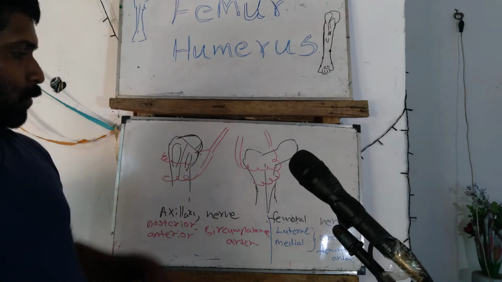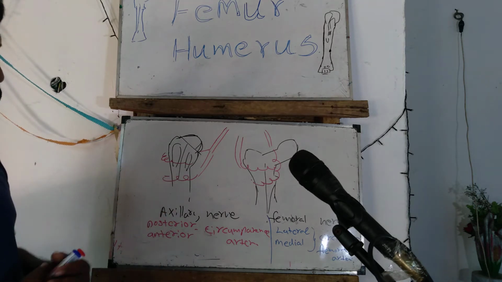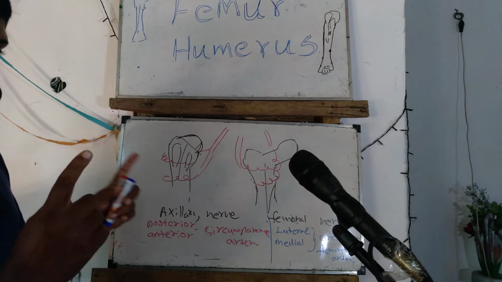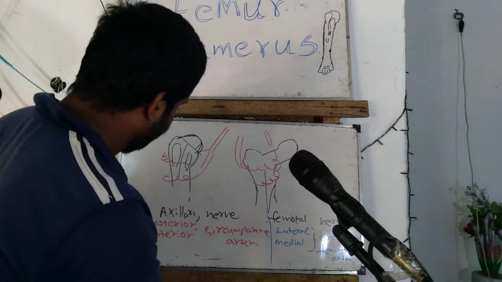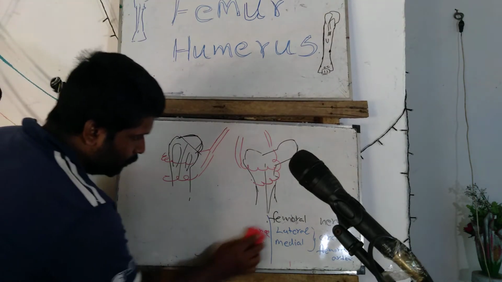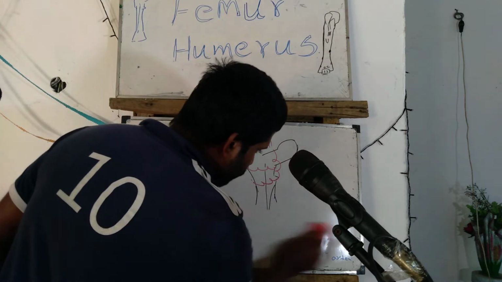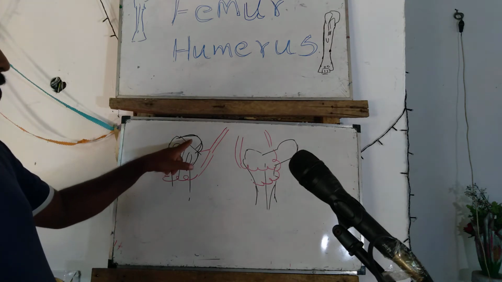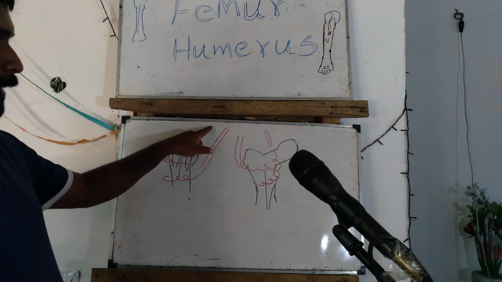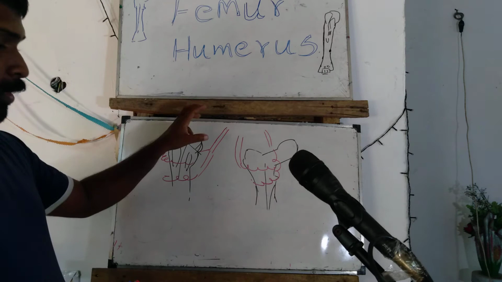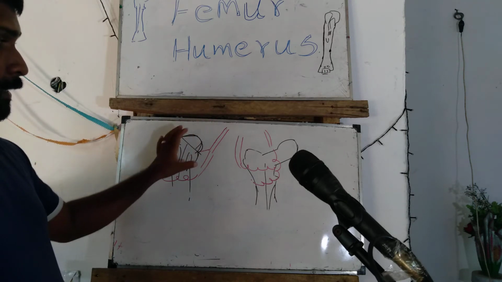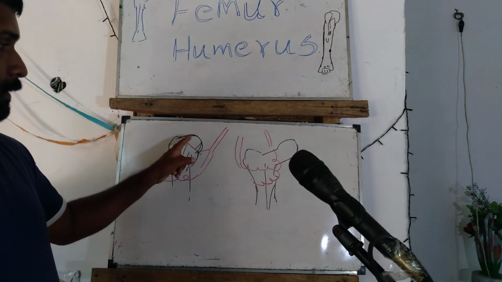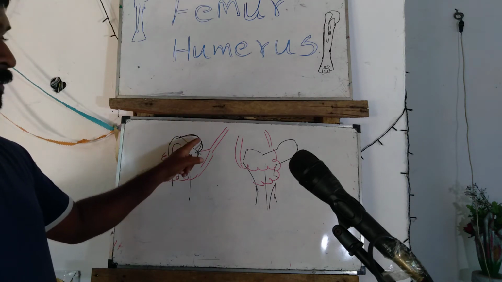Right now, we conclude the femoral and humerus arterial supply. Then we are going to some small points. This is the head, which connects to the glenoid cavity. We consider the connection of the glenoid cavity and humerus head.